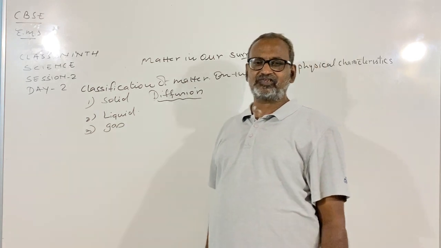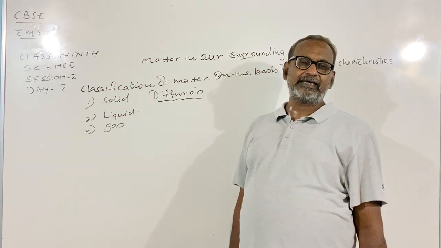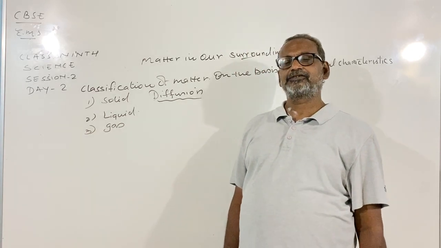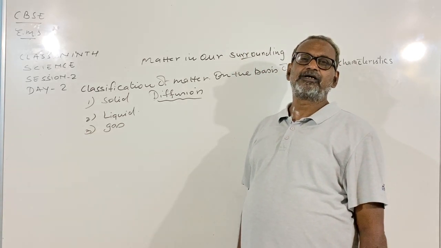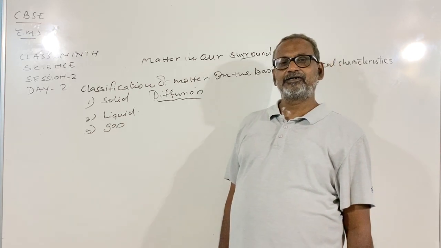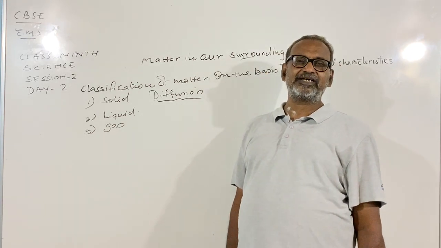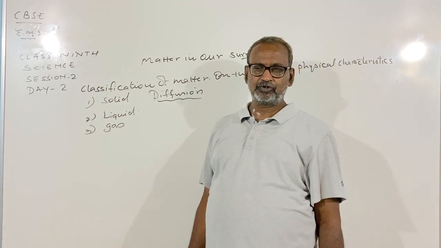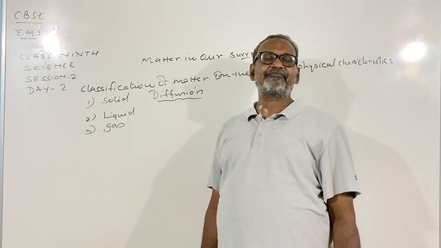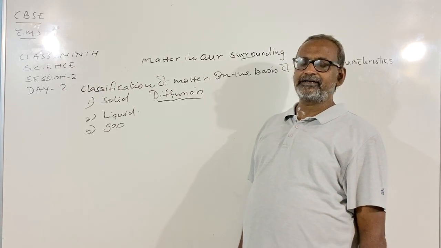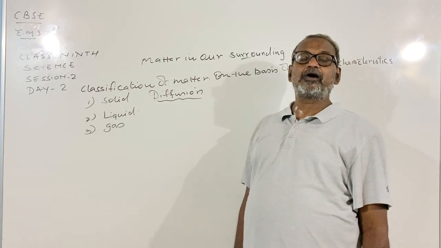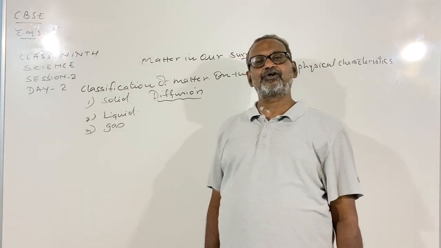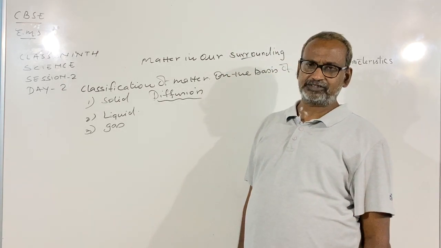When an incense stick, agarbatti, is lighted, its smell is spread through the air because the particles of the incense stick diffuse through the air. So diffusion is the phenomenon of intermixing or intermingling of particles of one substance with those of another substance.